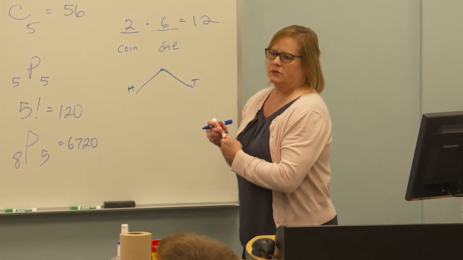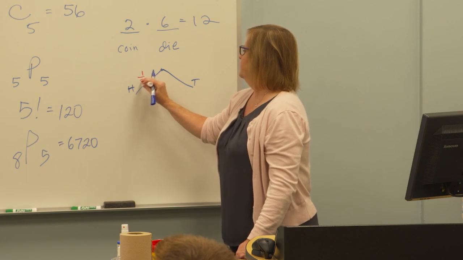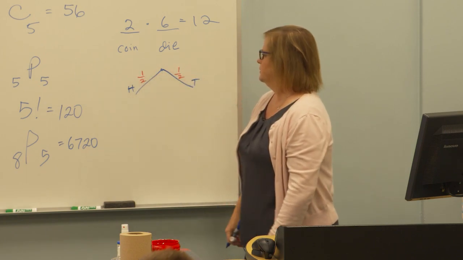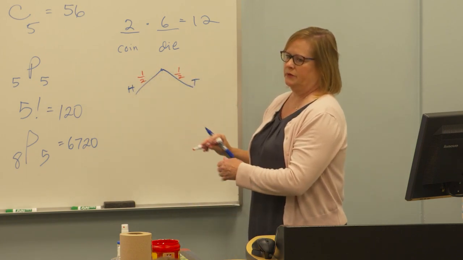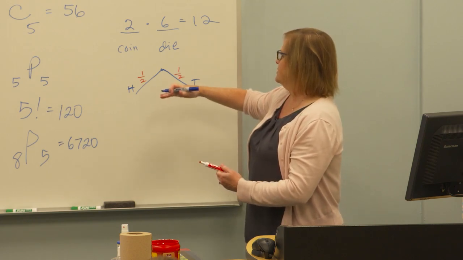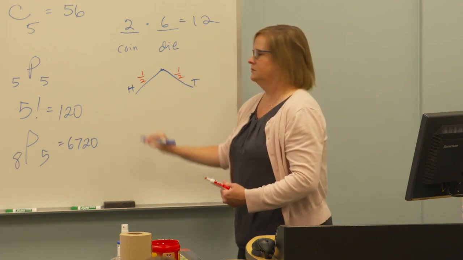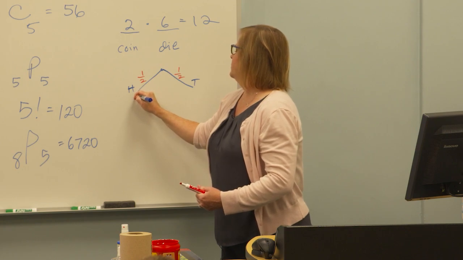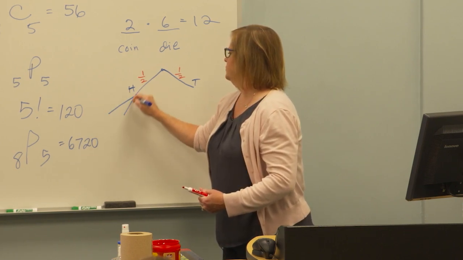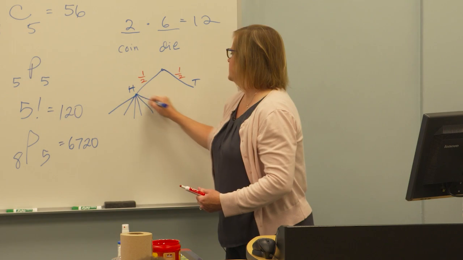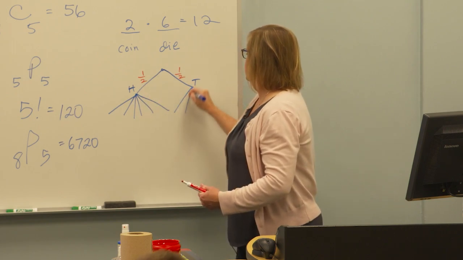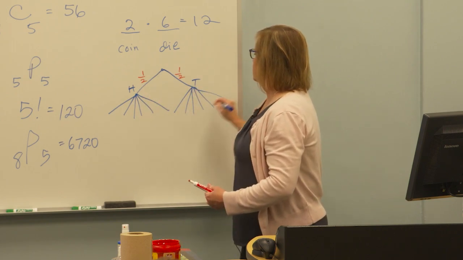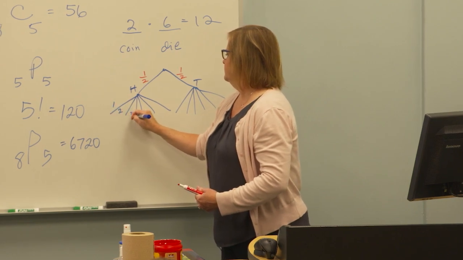So each one of those, it's a fair coin, would be half, half. So that represents the first part. And then the second stage, you just add that on. So from here, I would be doing 1, 2, 3, 4, 5, 6. 1, 2, 3, 4, 5, 6. Label them.